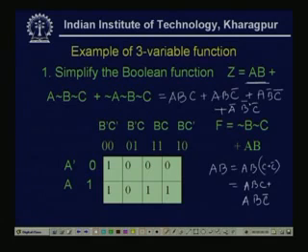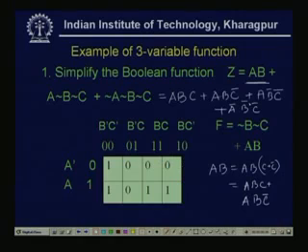Now, initially we are not reducing, rather we are extending, but as we have already discussed, this will help in drawing the K-map or just putting the ones in the K-map. So, now we can easily put the 4 ones.